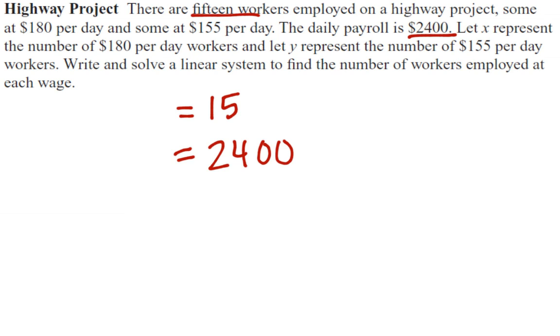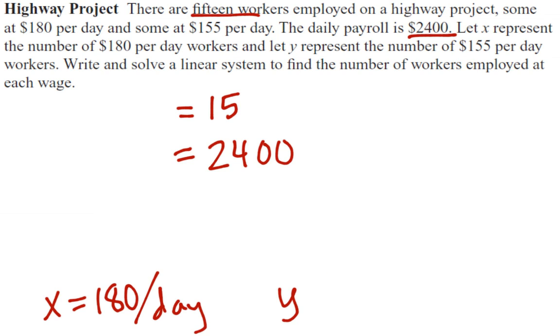And so what equals the 15? I need to define some variables. So let's call the number of workers... Oh, they define the variables for me. X is the number of the more expensive ones, and Y is the number of least expensive ones. So X is the number of guys at 180 per day, and Y is the number of guys at 155 per day.